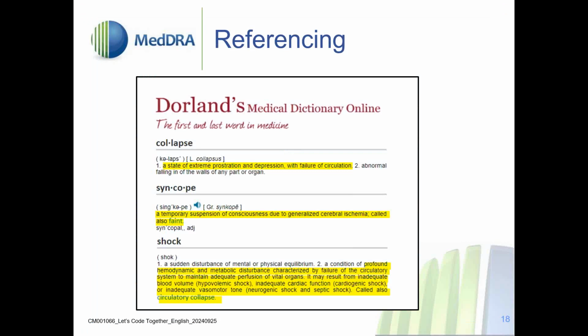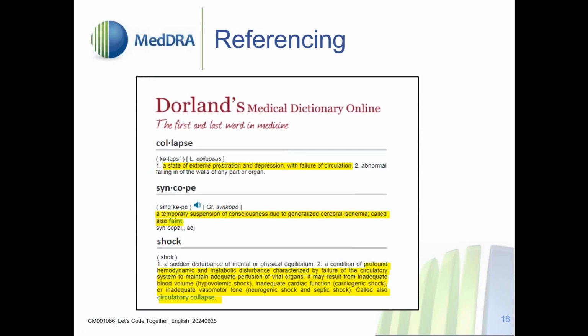But other sources, like the Merriam-Webster dictionary, describe collapse as to fall down, helpless or unconscious. And the Cambridge dictionary explains that if somebody collapses, they fall down because of being sick or weak. So in everyday speech, collapse or collapsed means different things.